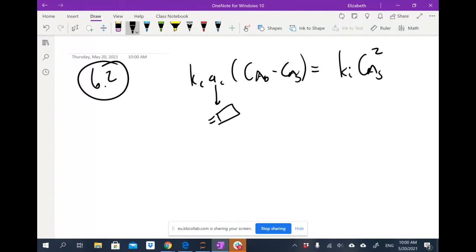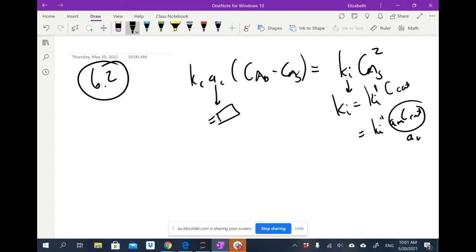What will change the value of AC? Which parameters will change the value of AC? And remember that this Ki is equal to Ki dash times the catalyst concentration, and Ki dash is equal to Ki double dash times AM times the catalyst concentration. So this is also an AC here. Keep that in mind.